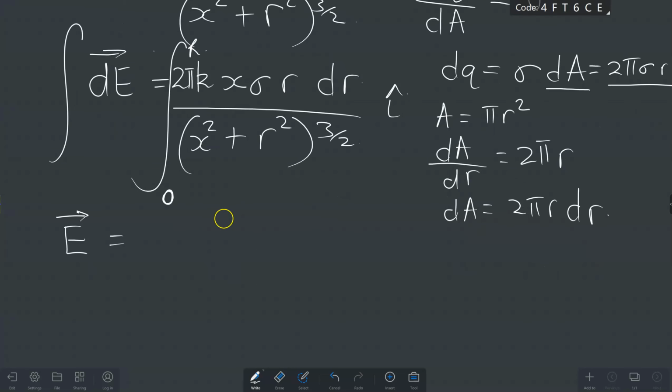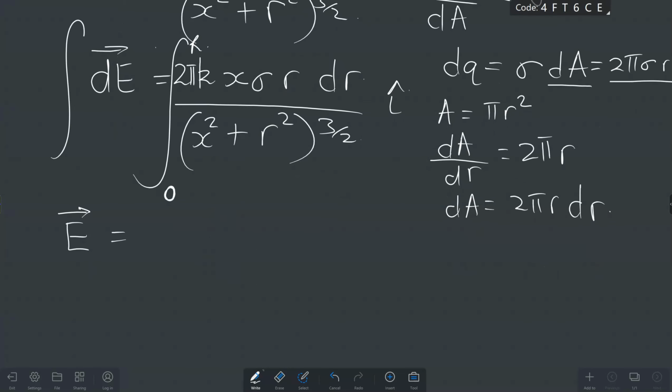On that side, let's look at the constants and what we're integrating with respect to. These are all constants. x is also a constant, but r this time around is not a constant. We're integrating with respect to r.